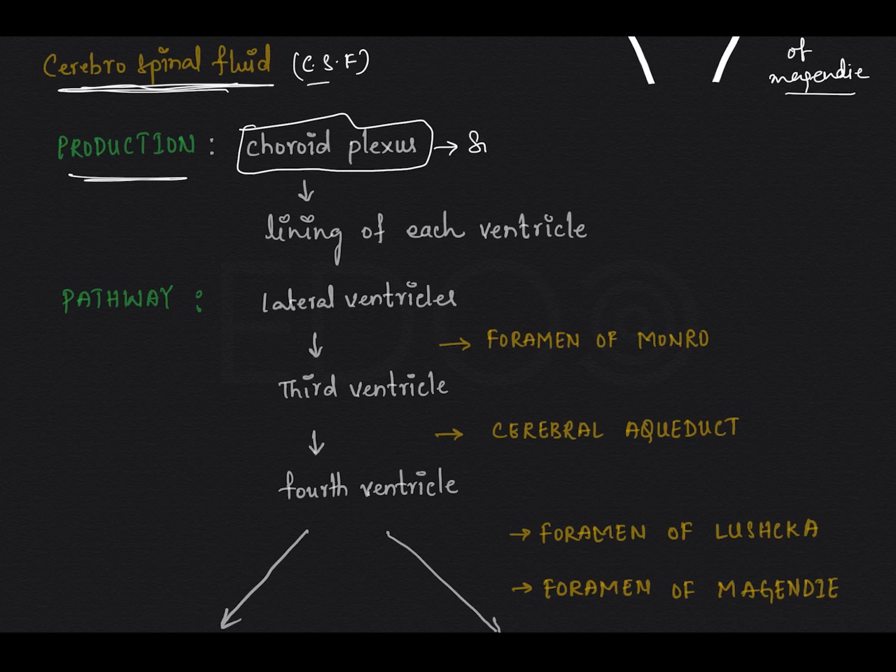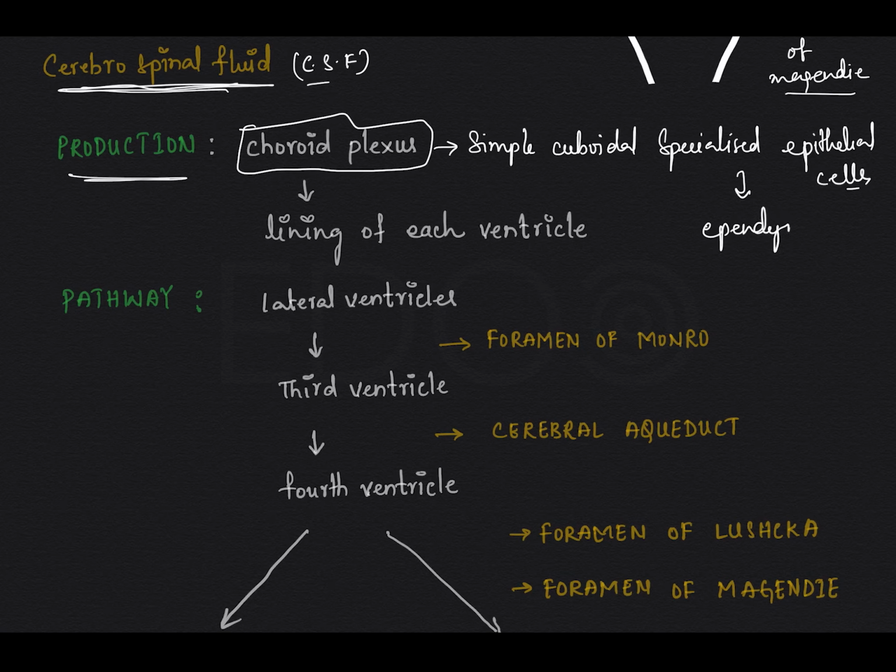So choroid plexus is nothing but simple cuboidal specialized epithelial cells which are called as ependymal cells. So these ependymal cells are present in the lining of each ventricle.